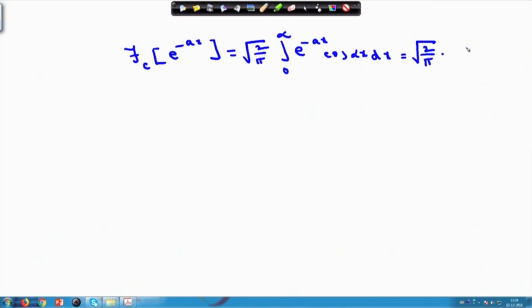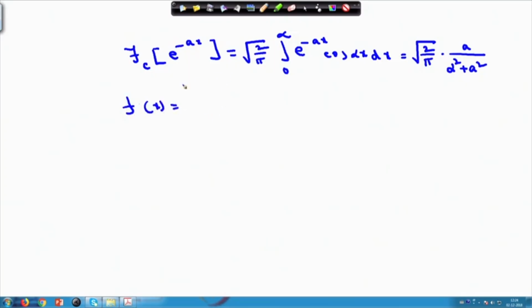If you remember, here the change will be only a by (alpha square plus a square). So, the Fourier cosine transform of e^(-ax) is nothing but root over 2 by pi times a by (alpha square plus a square), and this evaluation we have done earlier. So, you can go through that lecture.